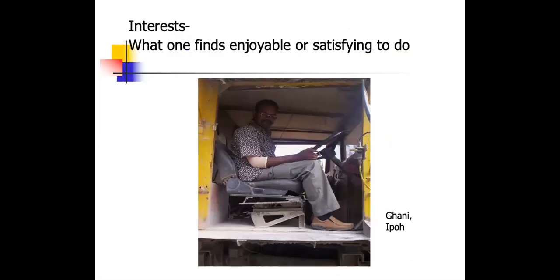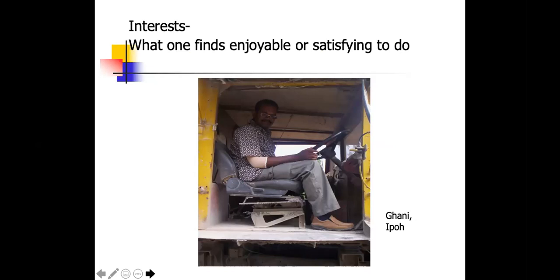Ni interest. You kena ada interest, you enjoy and satisfying to do. This case, they enjoy bawa lori. Bawa lori as a lorry driver. So, as an OT, we have to respect that. Dia punya enjoyment. Kalau dia enjoy bawa lori, then we have to return to what he's enjoy.